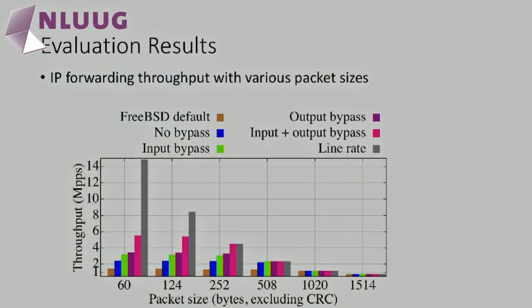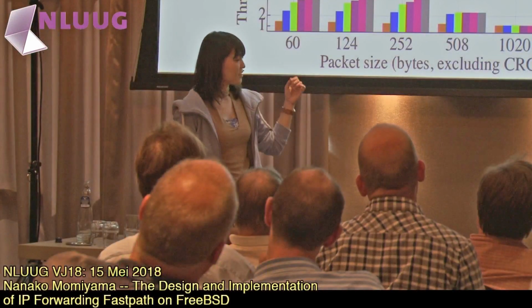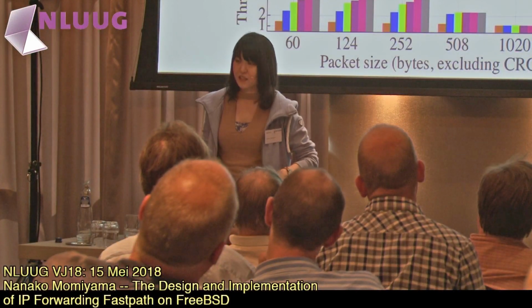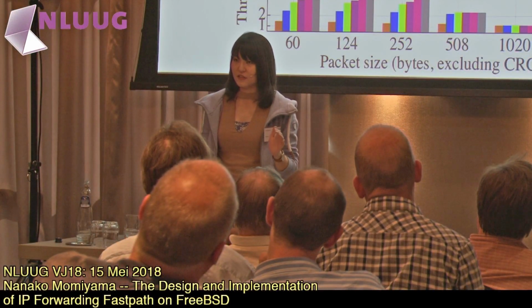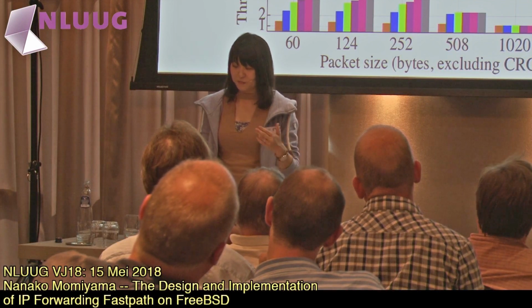All our implementations are equipped with mSwitch for packet I/O and DXR for routing lookup. Therefore, the difference among these 4 modules is the level of bypass.